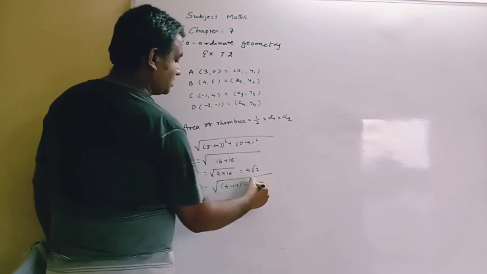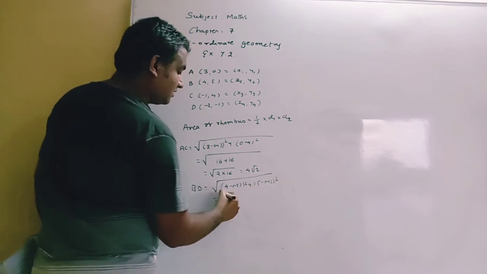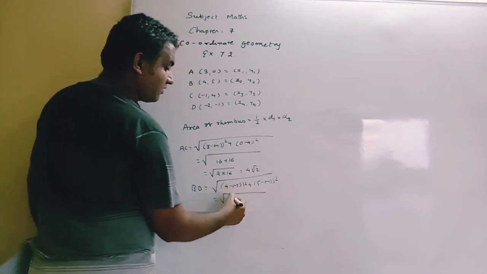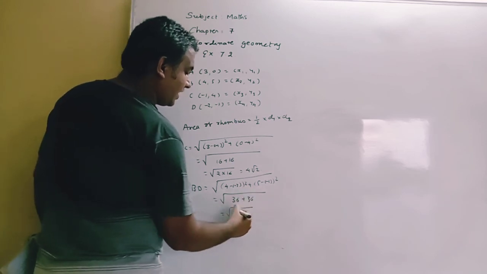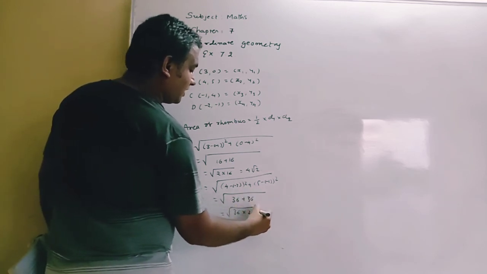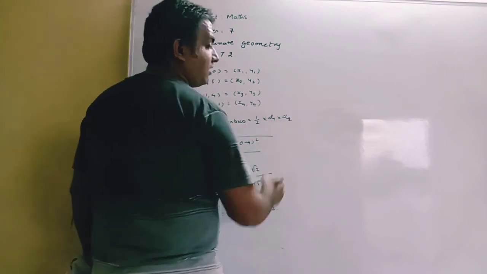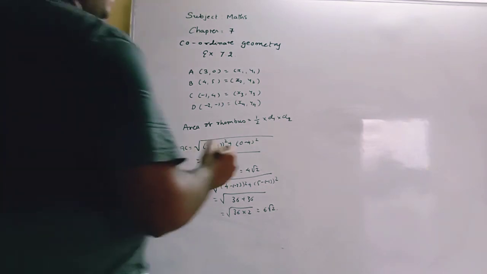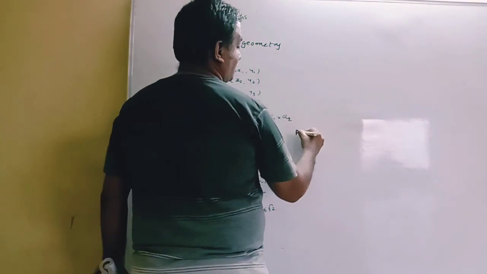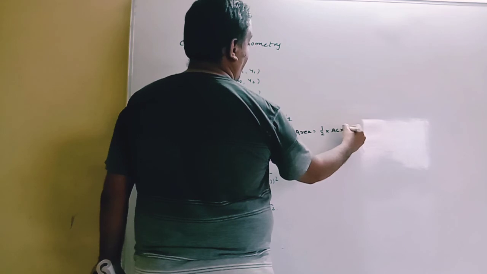In the same way, the diagonal BD length we calculate: (4 minus minus 2) square plus (5 minus minus 1) square. So it is 6 square, 36 plus 36, means 36 two times. So it is 6 root 2, and so the area is equal to 1/2 AC into BD.